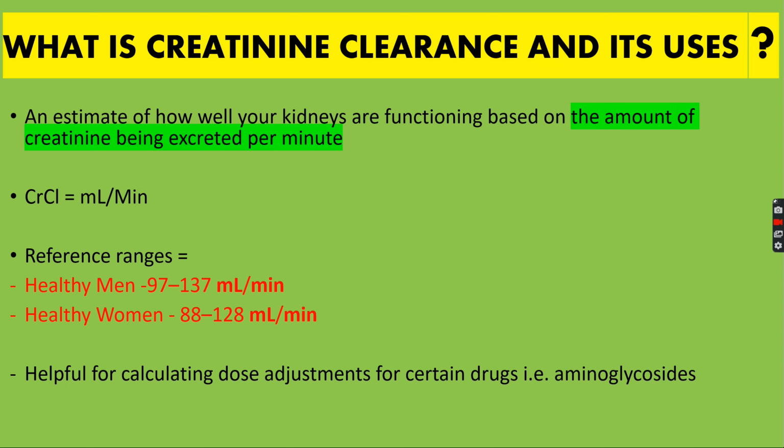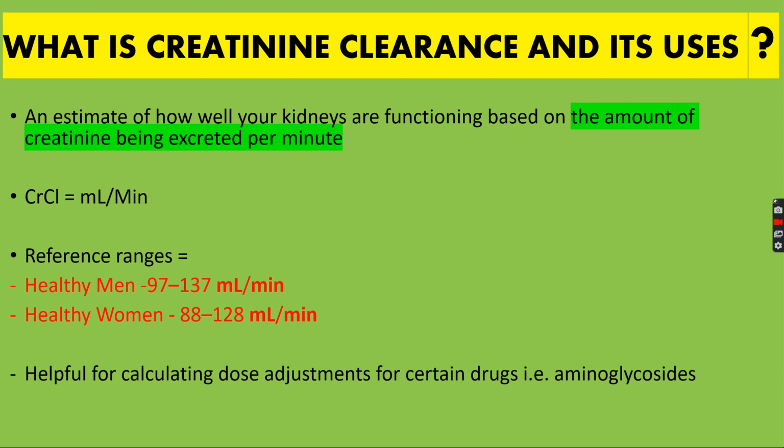It's measured in milliliters per minute, and there are reference ranges to be aware of, different for men and women. Creatinine clearance is helpful for calculating dose adjustments for certain drugs, so your aminoglycosides, your antibiotics, for example vancomycin and gentamicin.